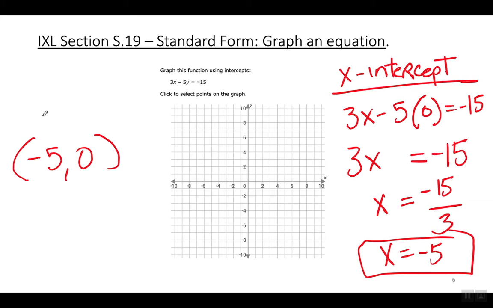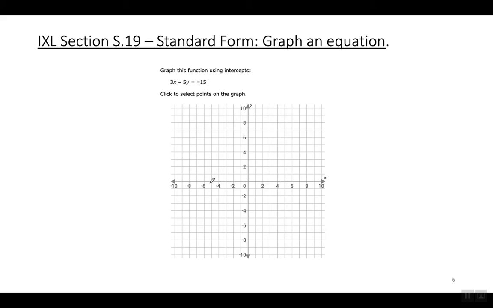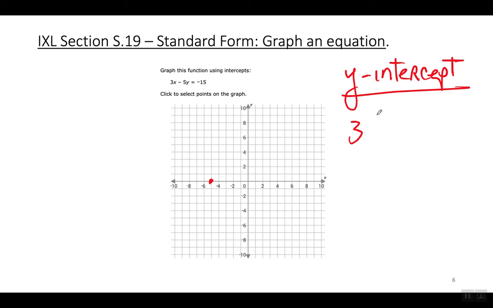Cuando y es 0, x es igual a negativo 5. So here's the x-intercept. Now for the y-intercept, para el intercept de y, I'm going to make x equal to 0 and solve for y. Very simple.